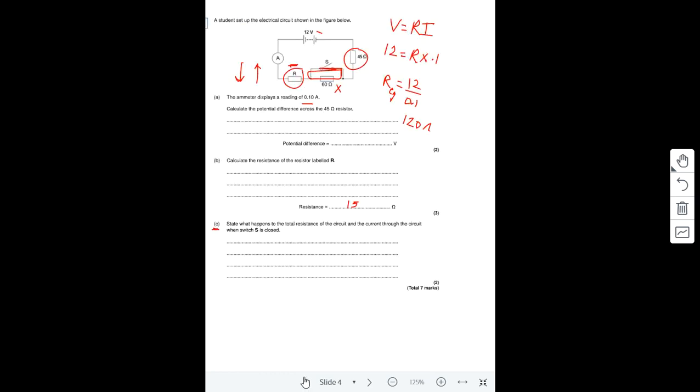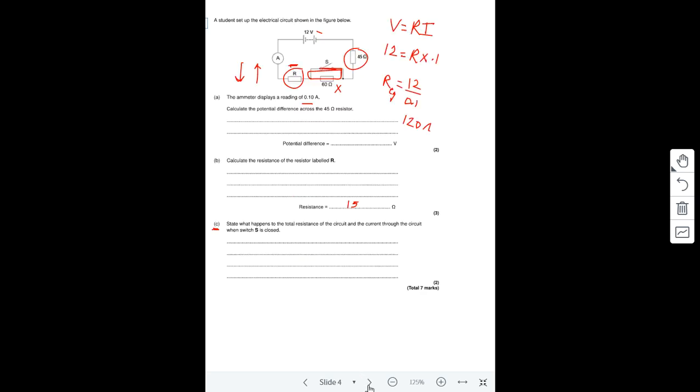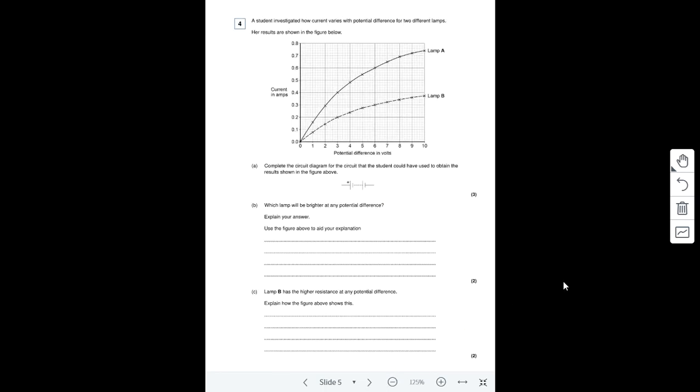This one, the second one, right? So you have to see where they are behaving as an ohmic conductor. That means the range where you can see a straight line passing through the origin. That's the range where they behave as an ohmic conductor. See, what's that potential difference range?